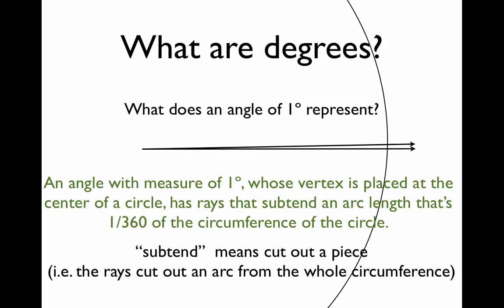The fraction that piece is of the whole circumference then is the measure of the angle. This subtend word is something that you use in Pathways a lot, so I want to make sure that when you see it, you know the rays subtend a piece of arc length. The rays cut off a piece of arc length.